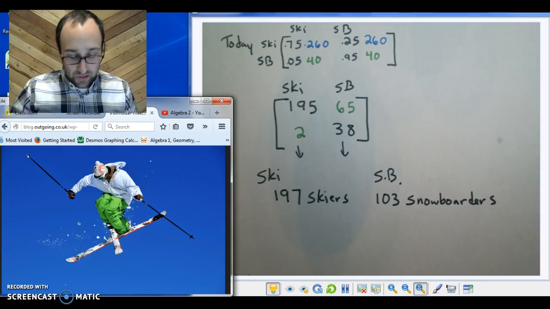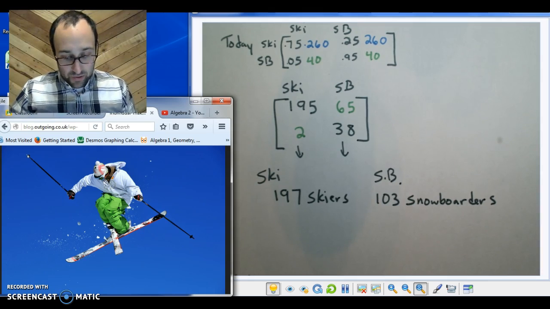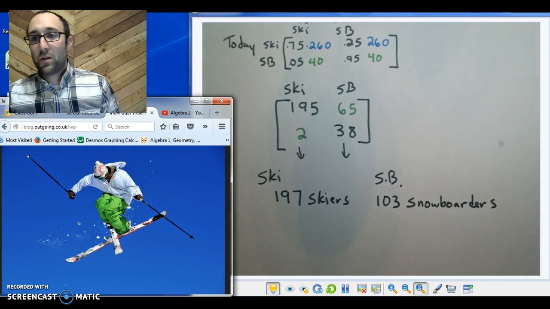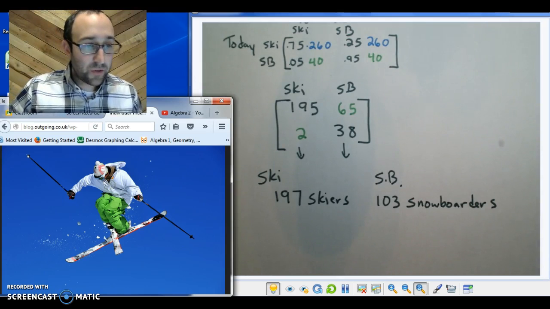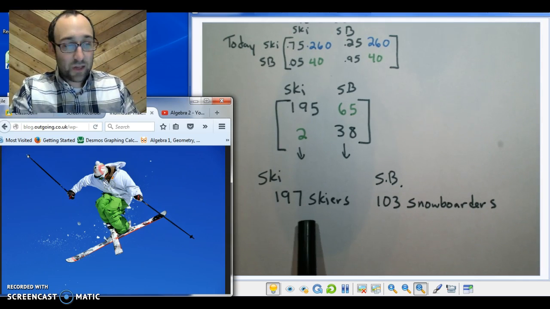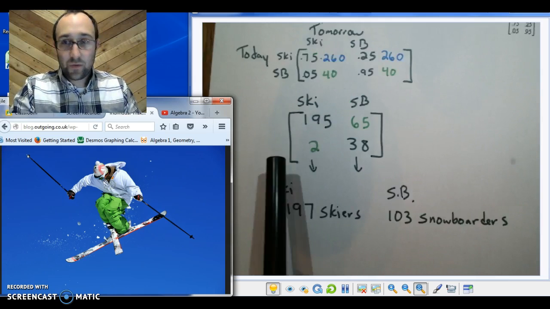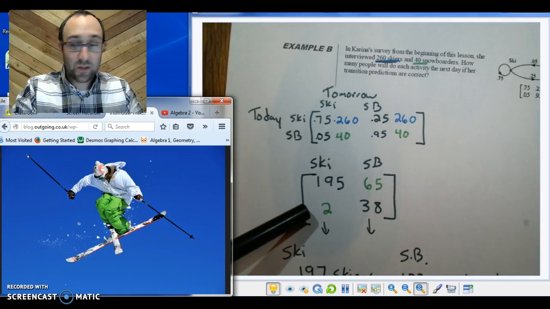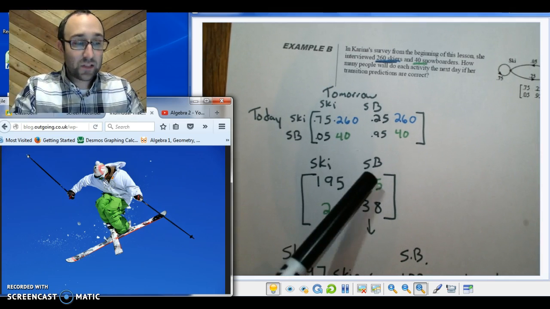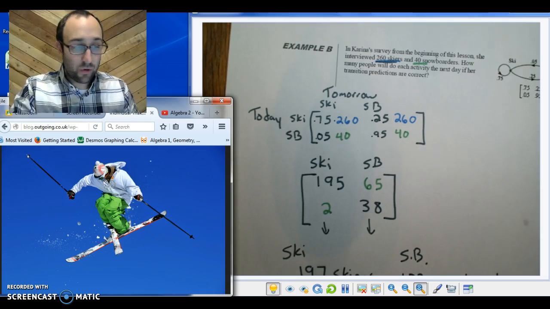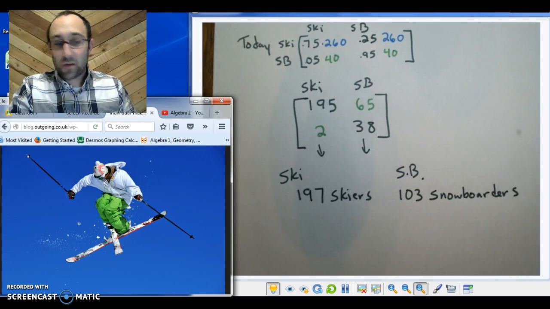If you need a check because you're not really sure that 65 plus 38 is 103, well, I just did it and you don't believe me. There you go. Okay, so we answered the question of how many will do each activity the next day if her predictions are correct: 197 skiers, 103 snowboarders. We get those numbers again from 195 and 2, the skiers who are going to ski again and the snowboarders who changed to skis, and 65 and 38, the skiers who changed to snowboarders and the snowboarders who stayed snowboarding. All right, and there is your answer.